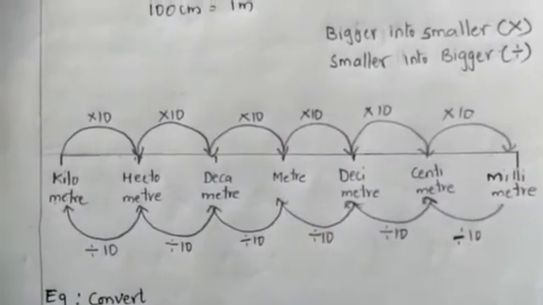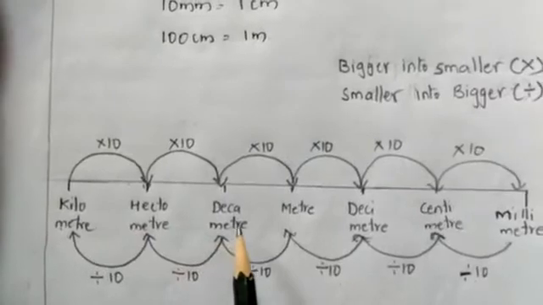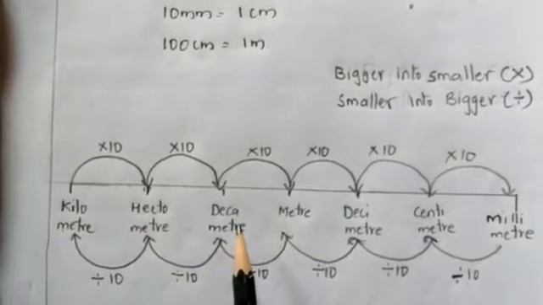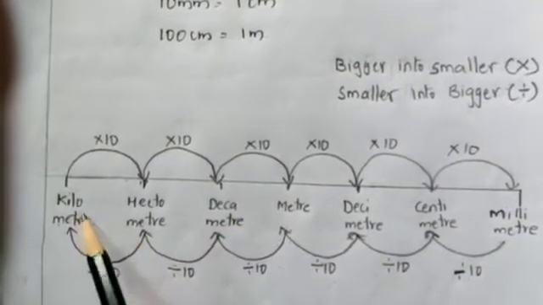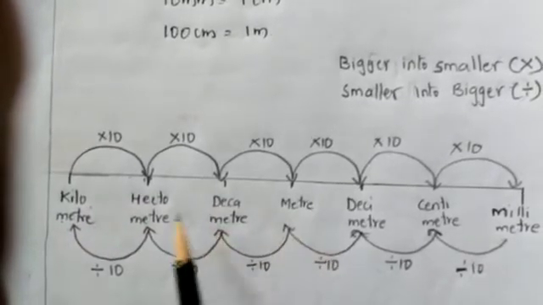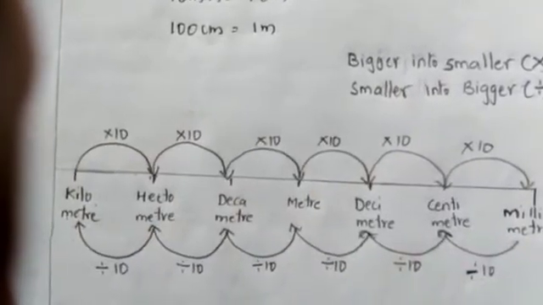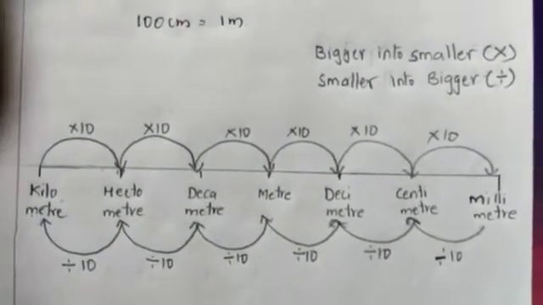For example, I'll show you, 6 kilometer you have to convert to meters. 6 kilometer is equal to how many meters? You are converting bigger unit to smaller unit, so you have to multiply. 6 kilometer into meters.